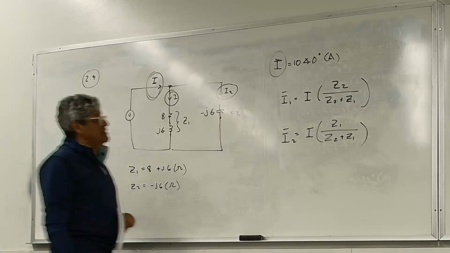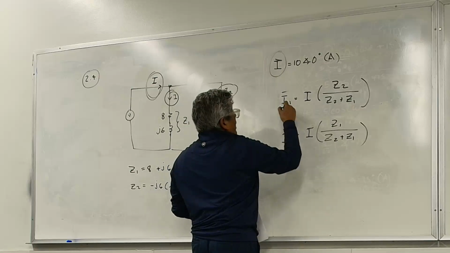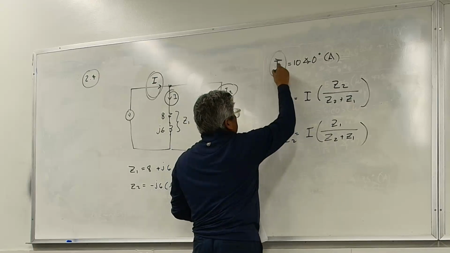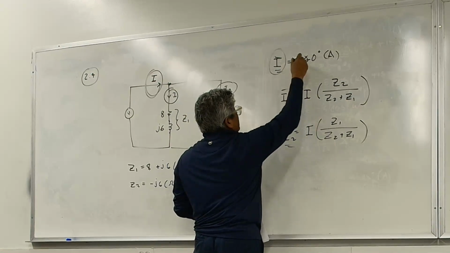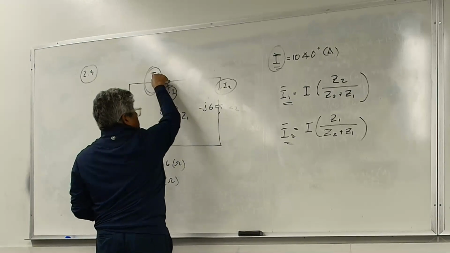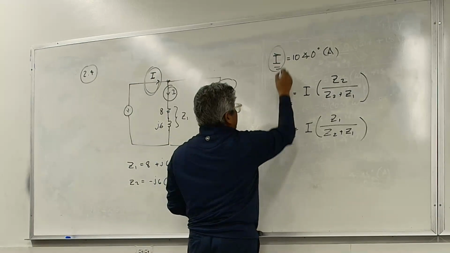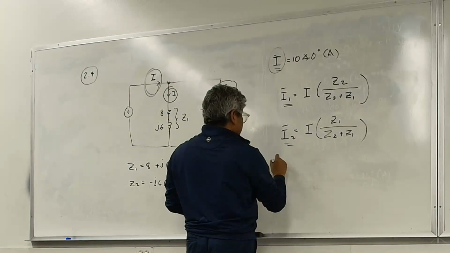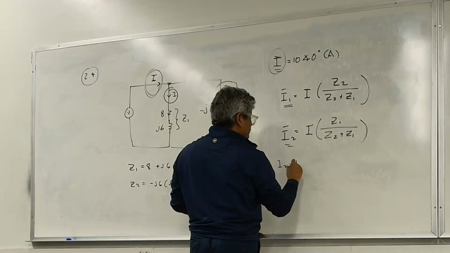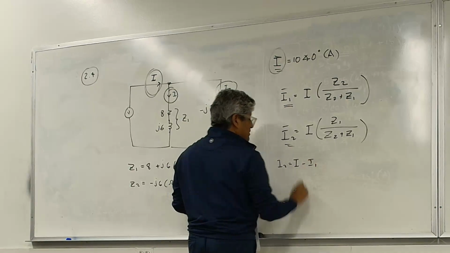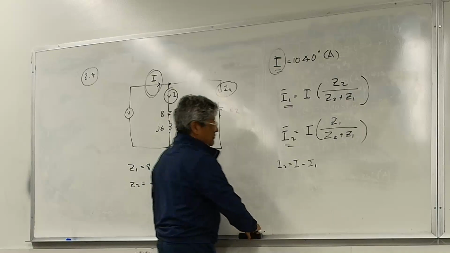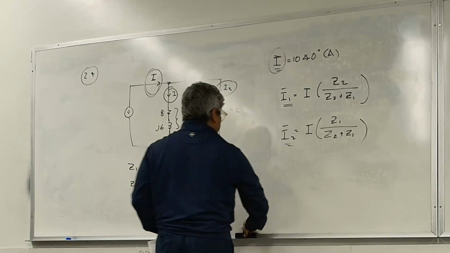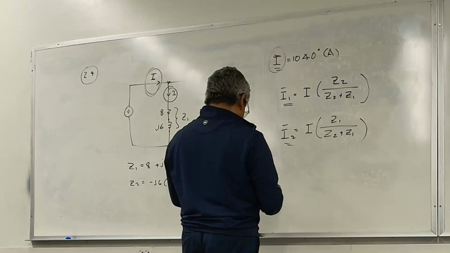There's another way you can do it. You can say, if I find this and I know this, I can find this because this and this equal that. So if I find I1, I can say that I2 is equal to I minus I1, right? So there are multiple ways that you can approach the problem. Well, let's do it this way.